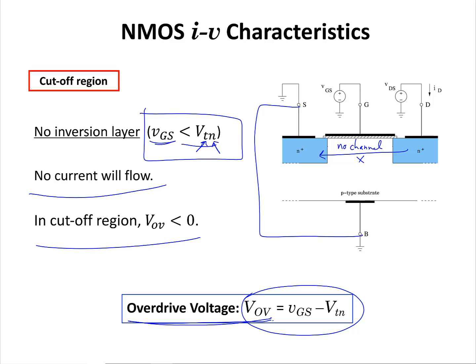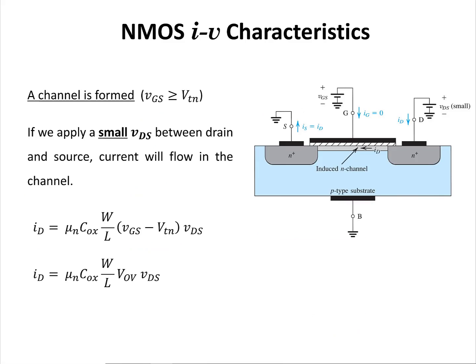Let's see what happens if we increase the value of V_GS beyond V threshold. For V_GS values greater than V threshold of NMOS, there is going to be a channel induced under the gate. And if we apply a small voltage to the drain with respect to the source, then the current that flows from drain to source is going to be equal to this expression.